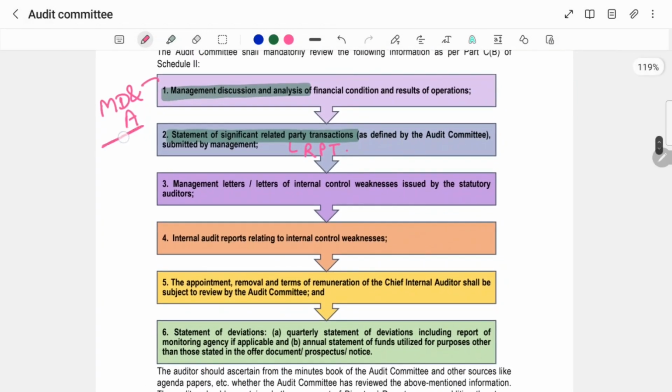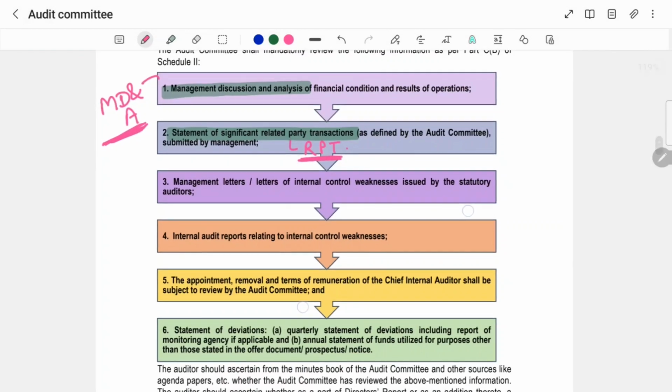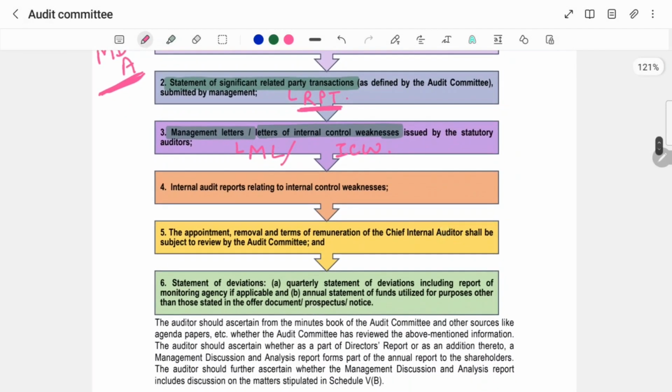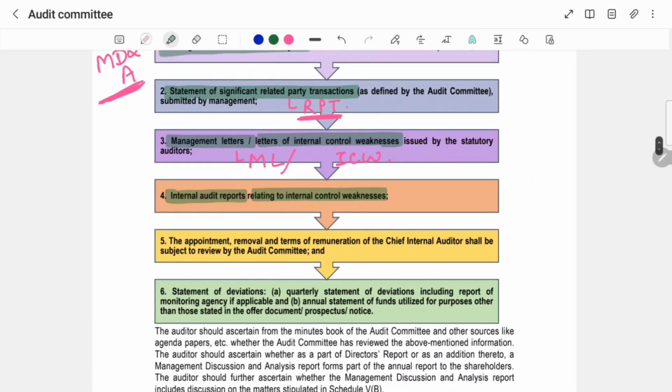So just now we studied management discussion and analysis and related party transaction statement. Now the third point covered is management letters of internal control weaknesses. So this is ML, that is management letters or letter of internal control weaknesses. Now there is internal audit reports relating to internal control weaknesses.